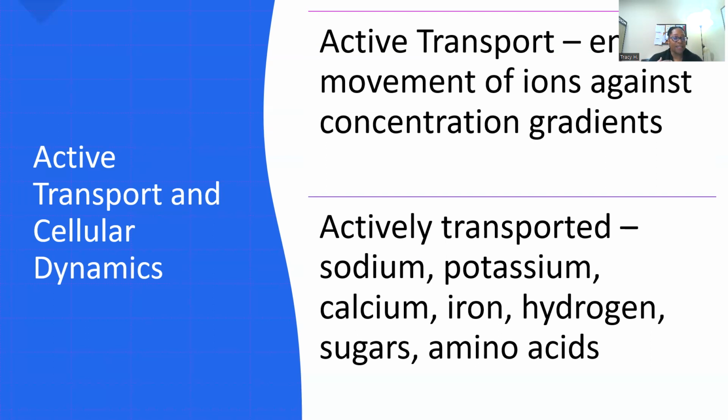Okay. And items that need this active transport, this power or this energy from cellular metabolic activities, that transport of sodium, potassium, calcium, iron, hydrogen, sugars, and amino acids need this active transport to get through the cell membrane.